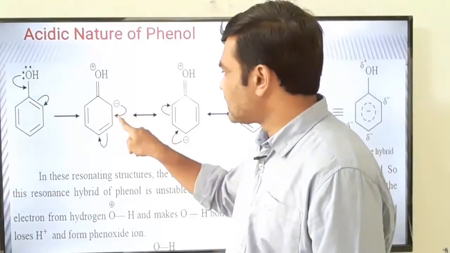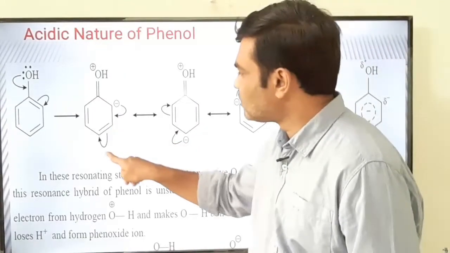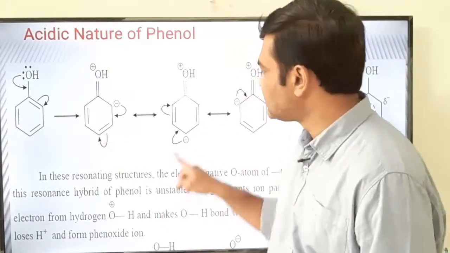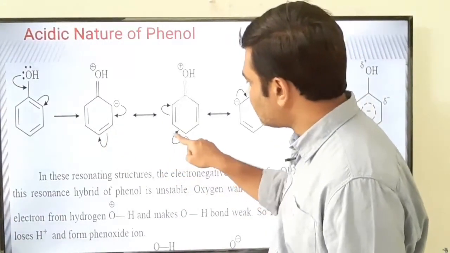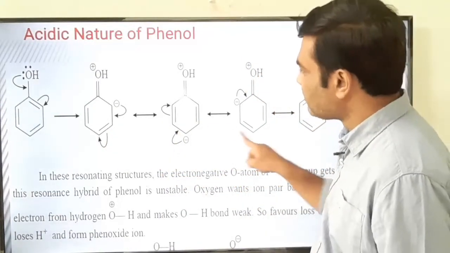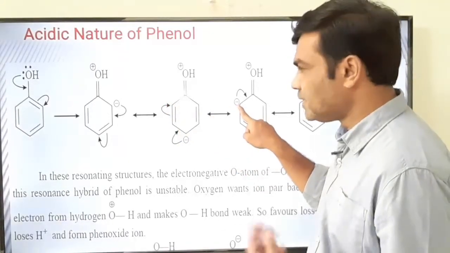See, if I shift these two electrons here, there will be the formation of a pi bond, then this pi bond will open here, there is a formation of a negative charge, these two excess electrons will open here, then these two electrons will be utilized in the formation of a pi bond. At the same time, these pi bonded electrons will open here, there will be a negative charge.